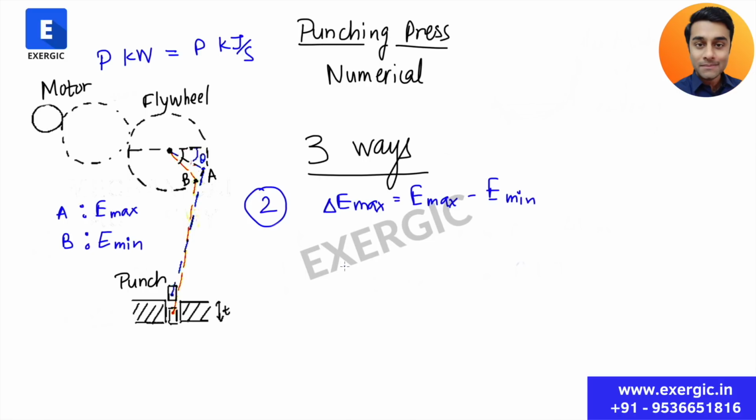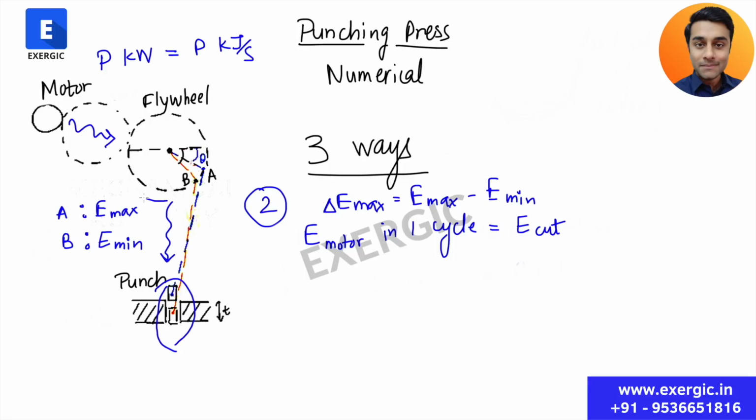Now, recall the concept that I referred to in the first way: the energy given by the motor in one cycle is equal to the energy required for cutting. This is something that I have already taught you when covering the theory: whatever energy the motor gives, the flywheel just passes it on, and it is used solely in cutting.